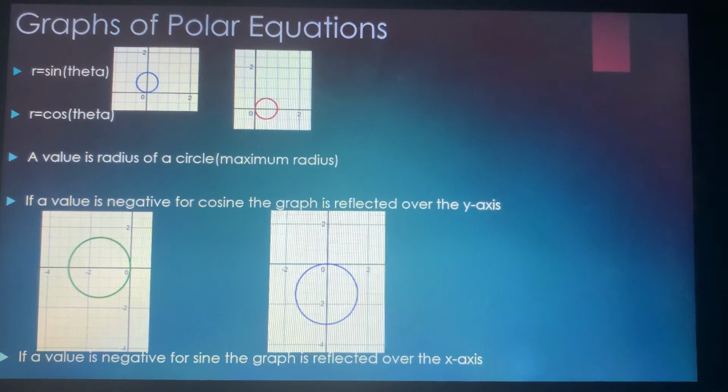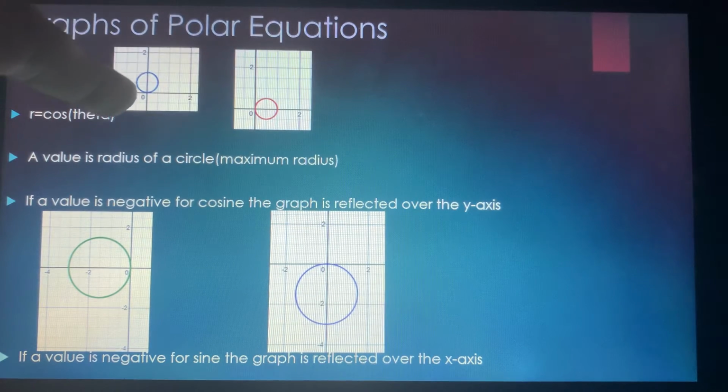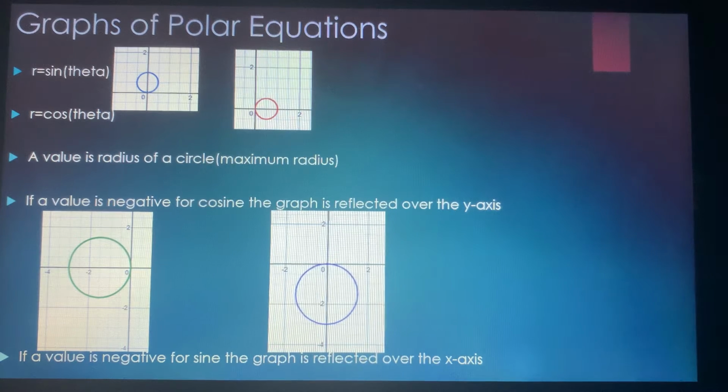However, we see that sine is only in the top 2 quadrants, in the top right and top left, because sine is only positive in the top 2 quadrants, and radius has to be positive. Same reason cosine, as we see here, is in the 1st and 4th quadrants, because that's the only time where cosine is positive.